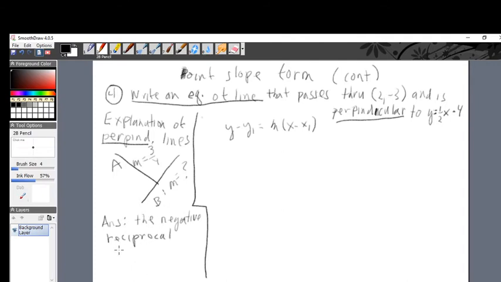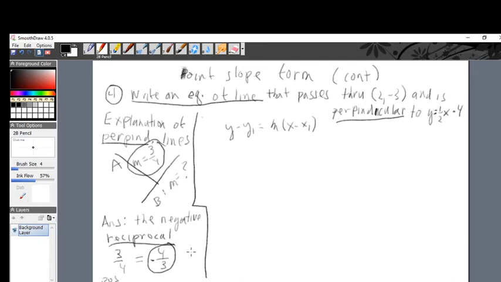So that means if A is 3/4, it turns into the reciprocal, which is 4/3. And if this was positive, then this is negative.